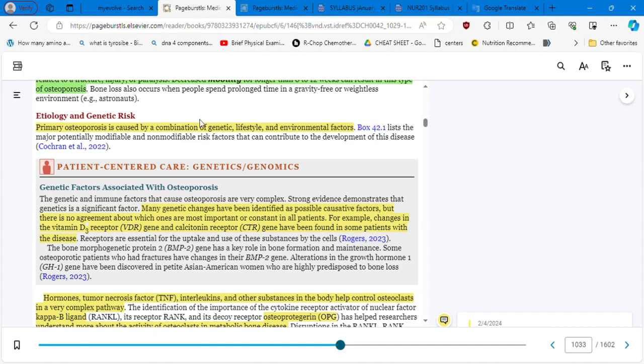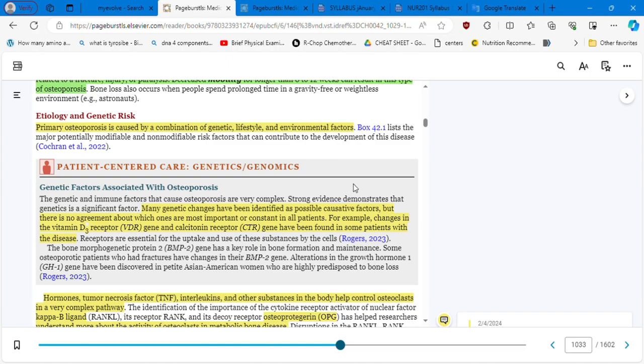Okay, etiology and genetic risk. Primary osteoporosis is caused by a combination of genetic, lifestyle, and environmental factors. Let me repeat. Primary osteoporosis is caused by a combination of genetic, okay, maybe the mom was having osteoporosis, lifestyle, meaning sedentary life, lack of nutrients, and environmental factors, okay, could be passive smoking.